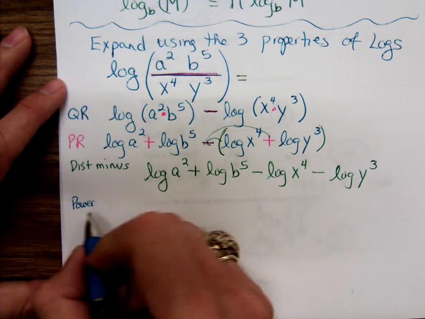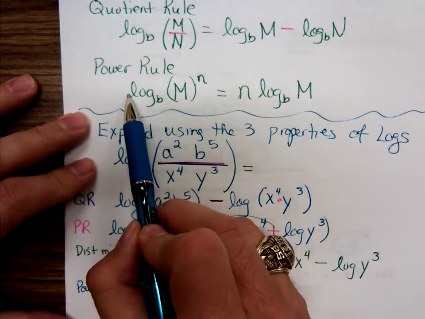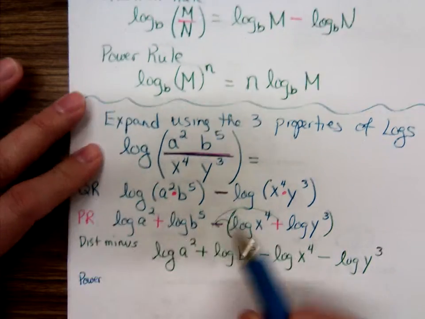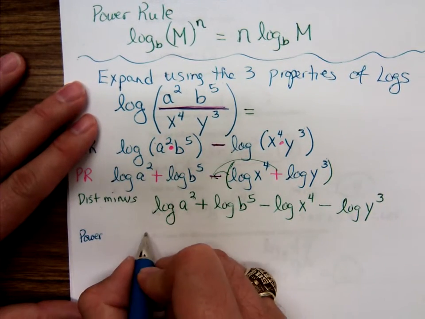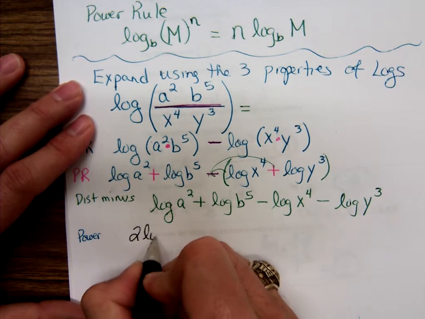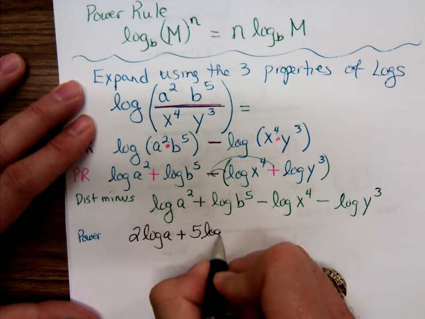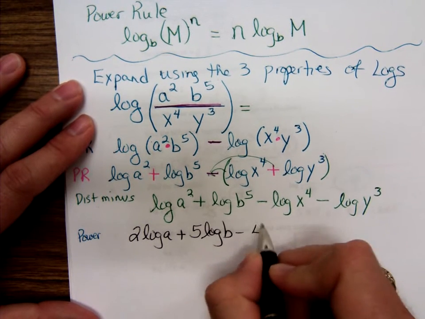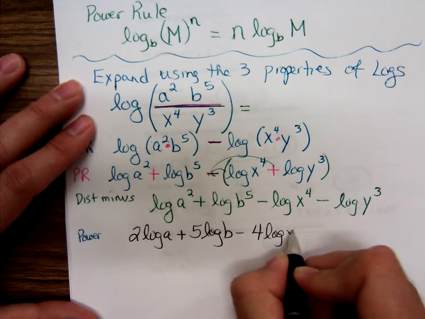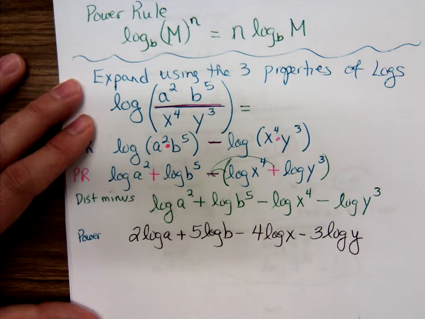The power rule we're about to use says we can move that exponent down right in front of the letter L. So take these exponents: 2 log a plus 5 log b minus 4 log x minus 3 log y.